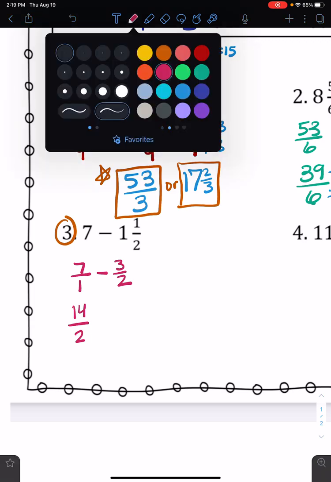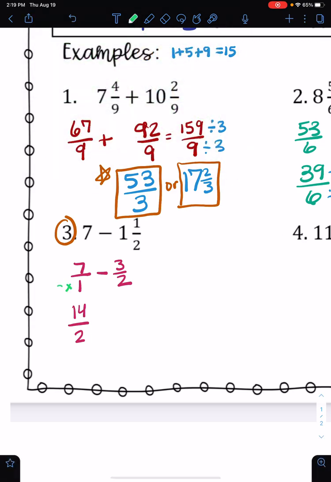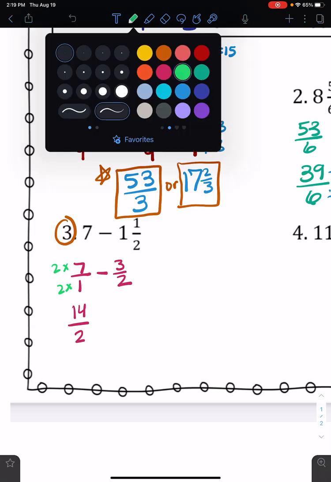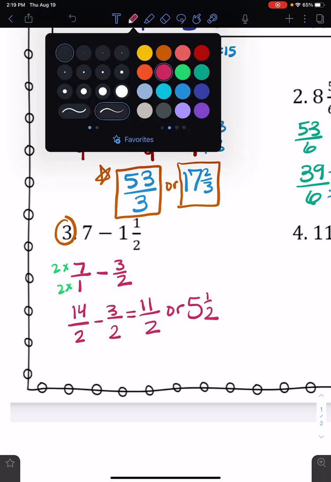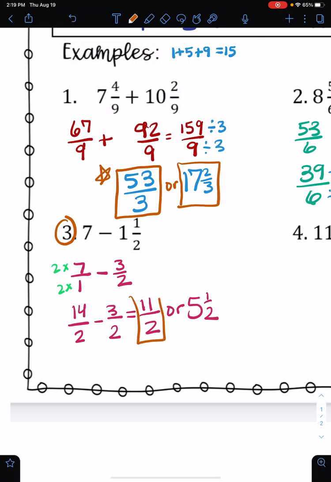Because if I have to multiply 1 times 2 to get the 2, then I have to multiply 7 by 2 to get the 14. And then minus 3 halves is going to give me 11/2, or 5 1/2. Again, either one of those answers would be correct. I prefer the one on the left.